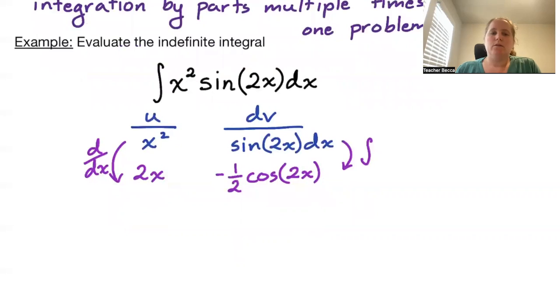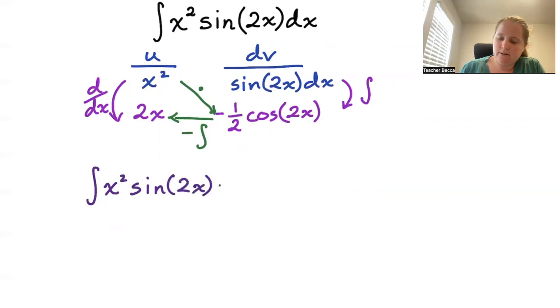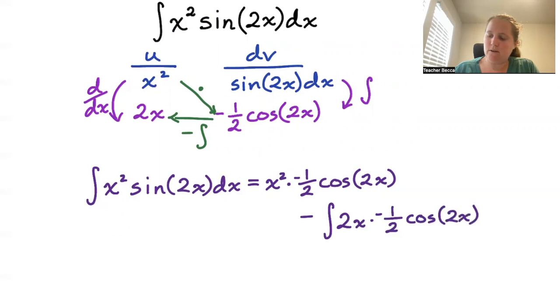Right? So if we have our setup here for integration by parts, we do the product of the first diagonal, then we subtract the integral of the product of the bottom. So this becomes the integral of x squared times sine of 2x dx is equal to an x squared times a negative 1/2 cosine of 2x minus the integral of 2x times a negative 1/2 cosine of 2x dx.